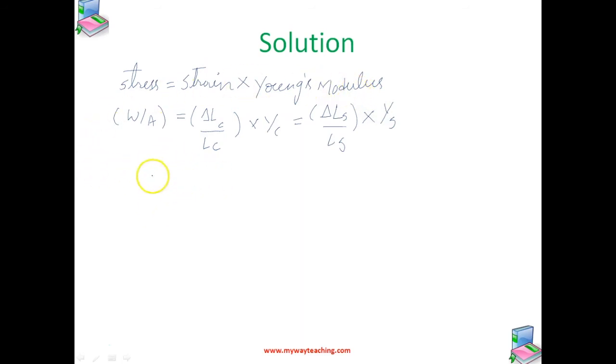So from this we can write delta LC by LC is equal to YS by YC multiplied with delta LS by LS.